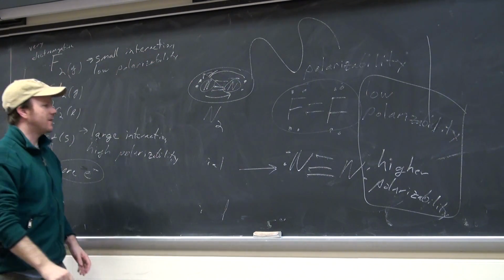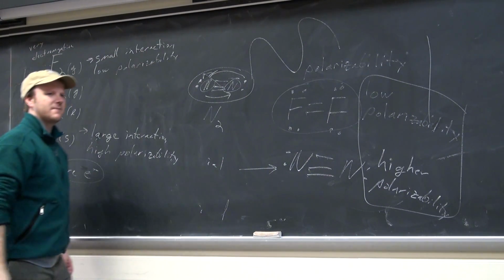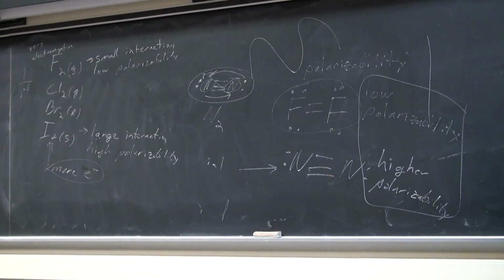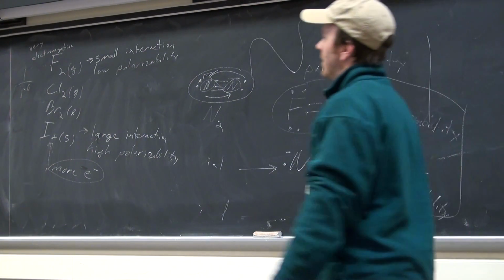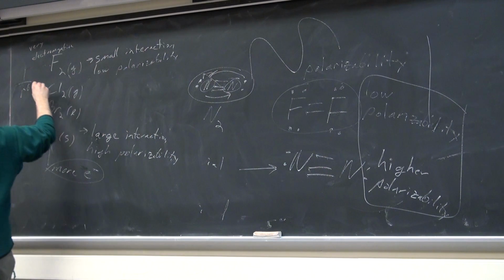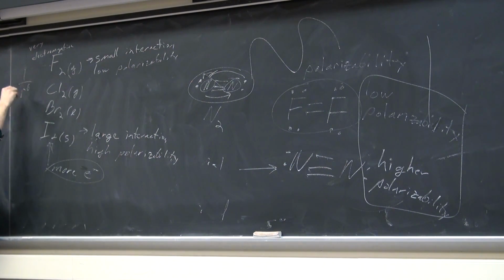I think there's one, let's see, where is that formula? Let's just take a look at that. Here, so you have these van der Waals forces where they scale with 1 over r to the 6th. And so this is basically the force between one fluorine molecule and another fluorine molecule.